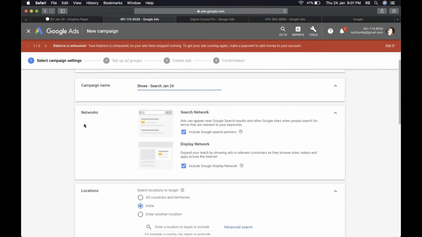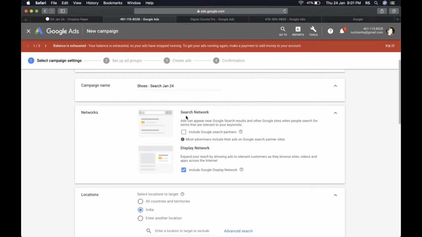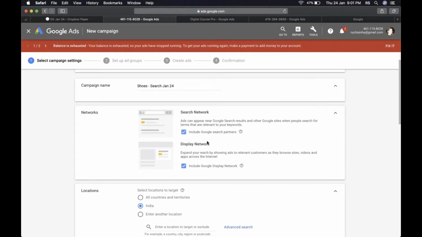Now networks. They're asking me, do you want to advertise on the search network, and do you want to include search partners or not? Include, exclude. Most advertisers include Google search partner sites, that is what they're saying. It's fine. Now they're asking whether you want to include the display network also in the same campaign, right?